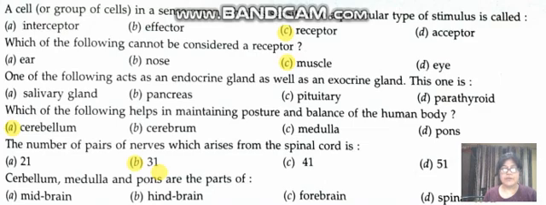These are the parts of which brain? Where are these located? So these are all located in the hindbrain. That means in the back side of our brain, cerebellum, medulla and pons are all found. And the cerebrum is in the front part of the brain.